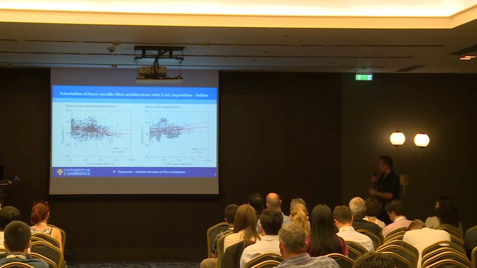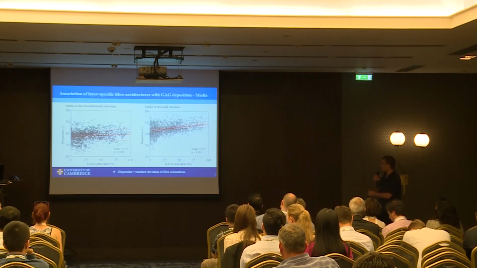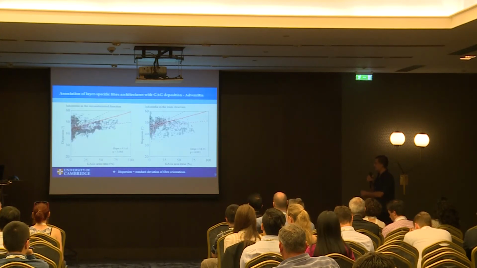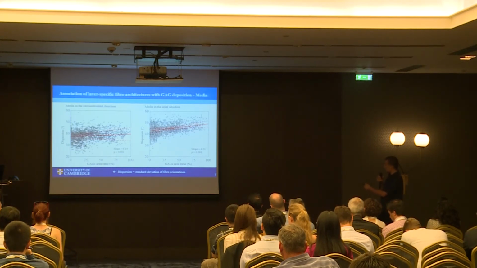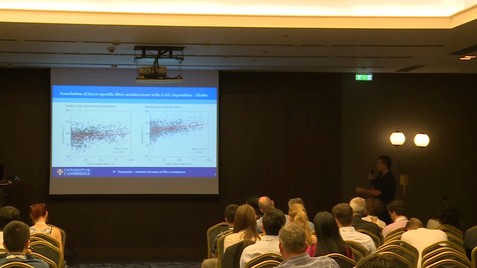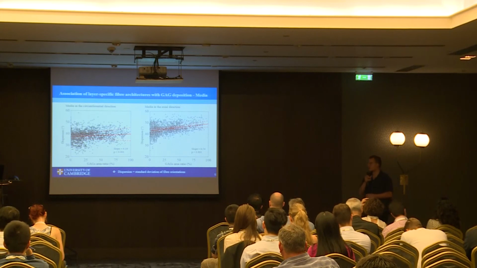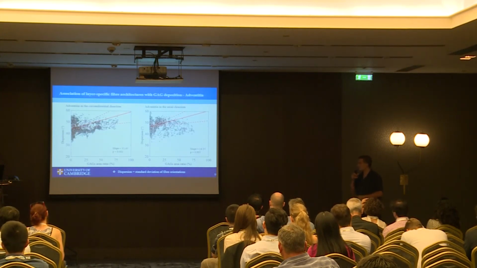So in the case of intima, we didn't have any correlation, but for media and adventitia, in both circumferential and axial orientation, the GAGs caused an increase in dispersion, and these were found to be significant correlations between dispersion and GAG content. Therefore, the GAGs seem to be playing a role in distributing the orientation of collagen fibers and making the structure weaker.